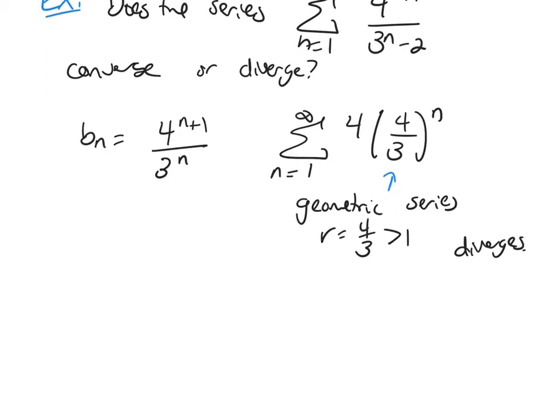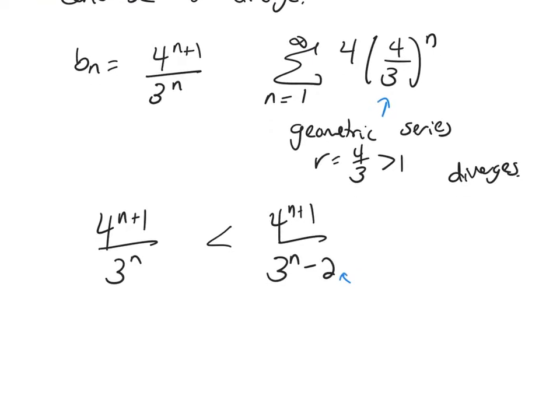And then if we're using the direct comparison test, we have to compare to the original, and we have to figure out which one of these is bigger. Well, this one has a smaller denominator, which means a bigger number.